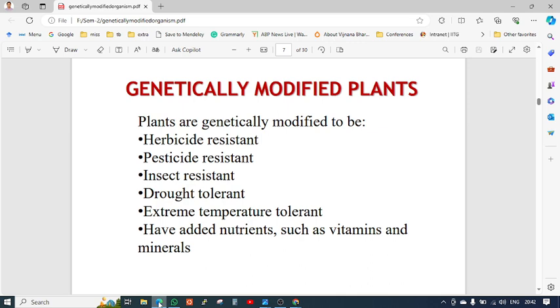Drought resistance means that even with water scarcity they can survive. Extreme temperature tolerant plants perform well in high temperature. Now climate change is common, and global temperature is increasing day by day, so to cope with this environment these are very useful for the production of food and plants. Nutrients and minerals which are deficient in these organisms we can also add synthetically.